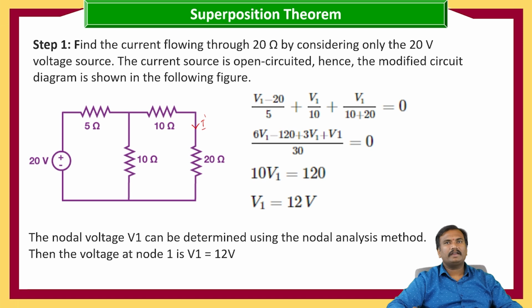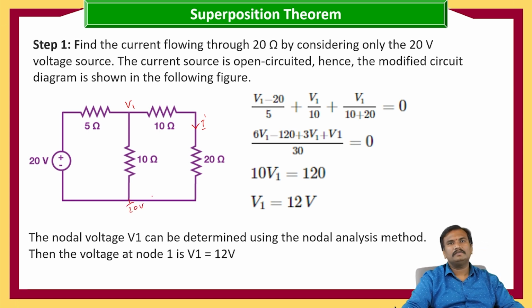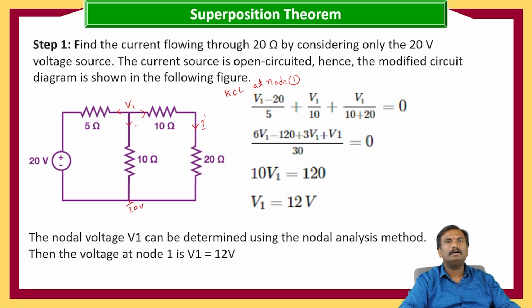For calculating the node voltage, this is the node voltage which we are considering as V1, and this is the ground, which is at 0 volts. Now if we write the KCL at node 1, whenever we write the KCL, we consider all the currents leaving the node.